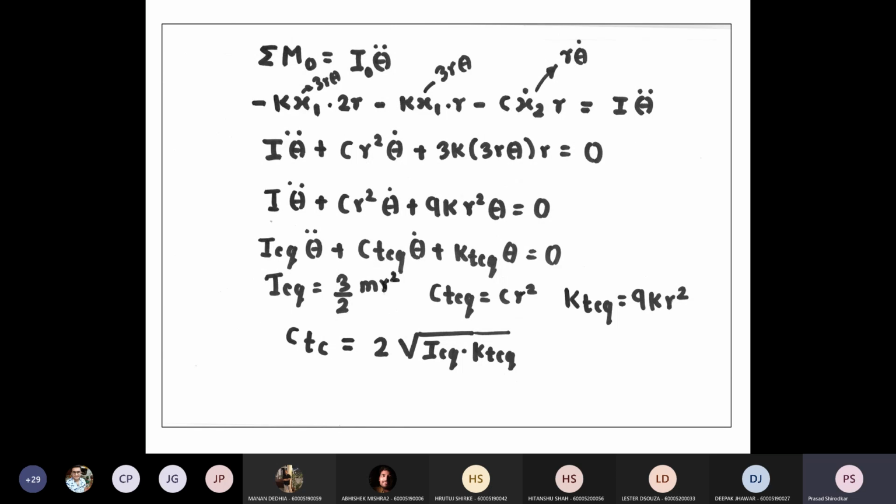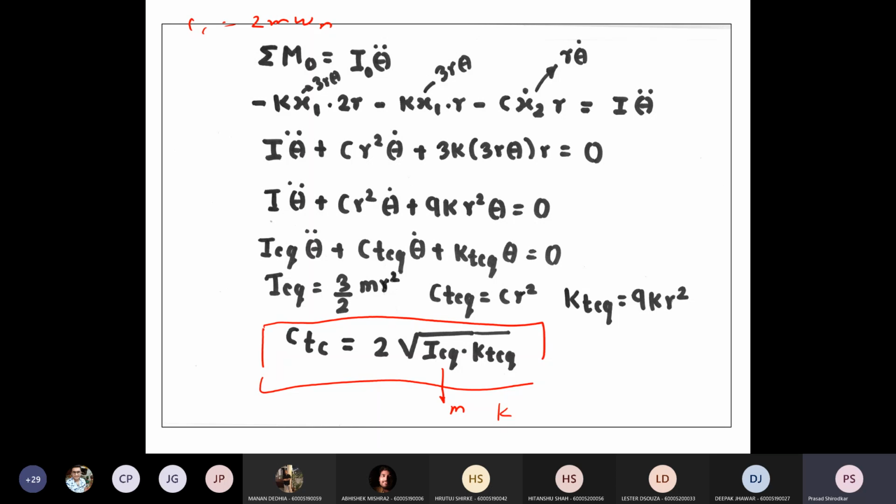What is asked is the C torsional critical. If you remember the equation, CC is 2m omega n.